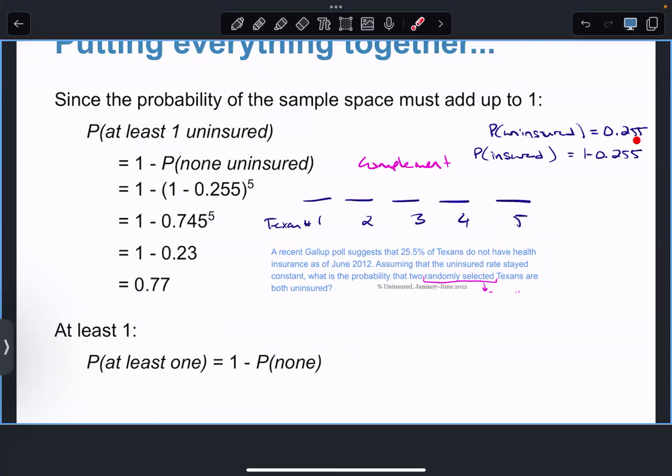But we want 0 uninsured, which means that this one has to be insured, and this one has to be insured, and this one has to be insured. And so if I do 1 minus 0.255, then that gives me 0.745. So this one has to be insured, 0.745, 0.745.